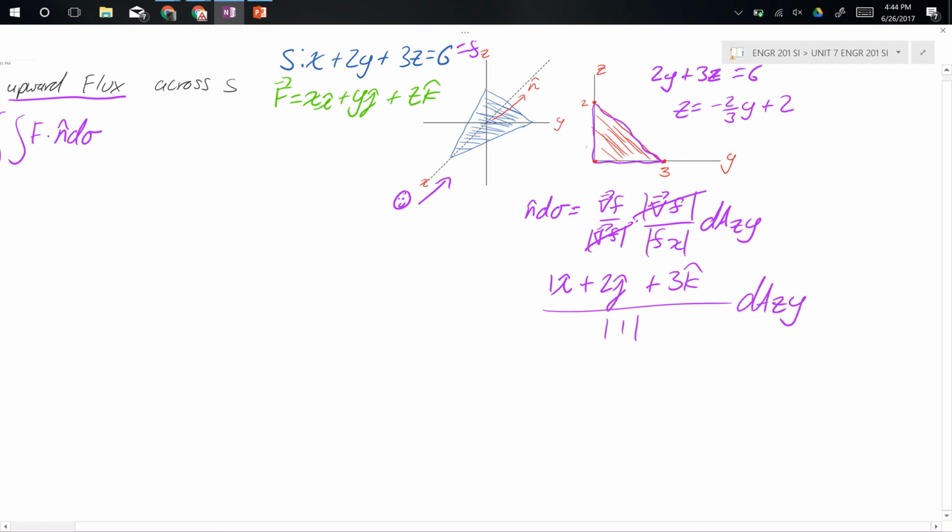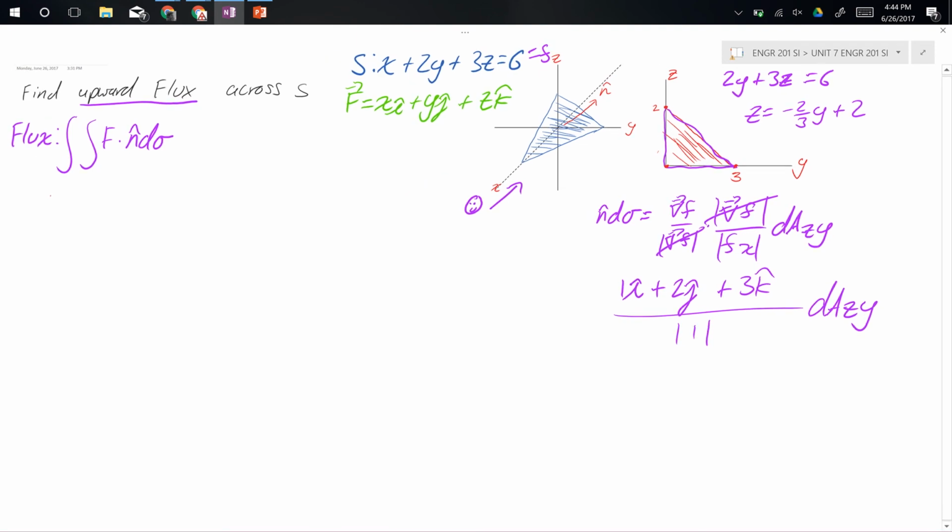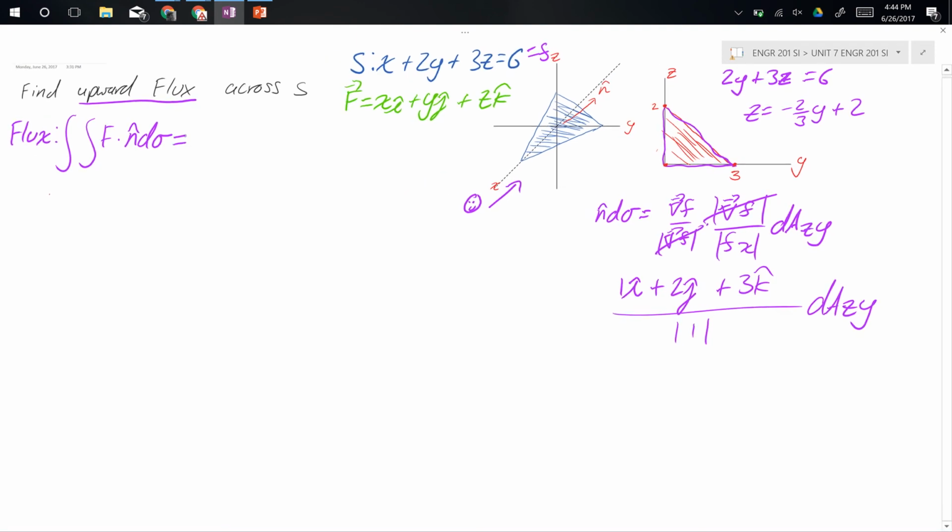So now we dot this with our f. Going back over here a little bit, this would be dotted with our f, f being xi plus yj plus zk. You're really just multiplying your respective components, then adding them up together. That's what dotting does.